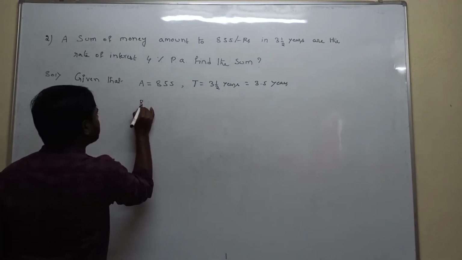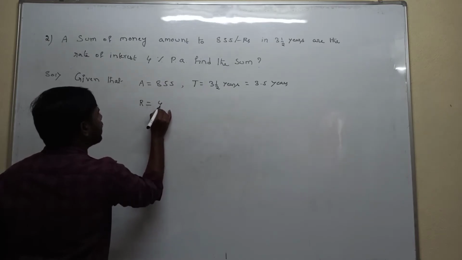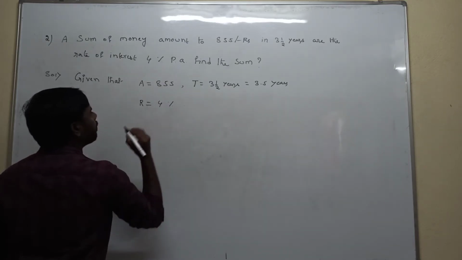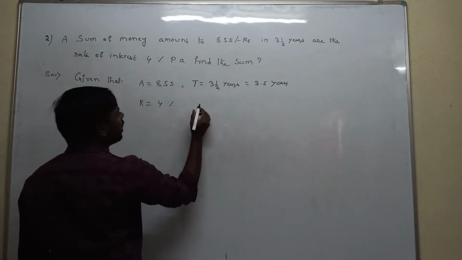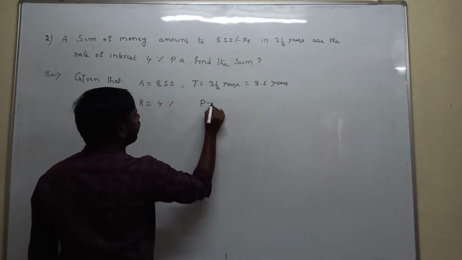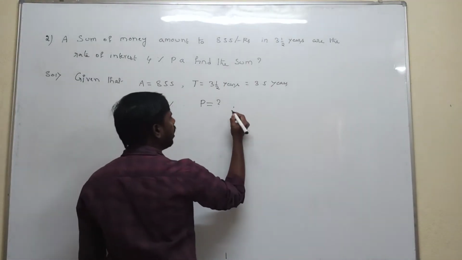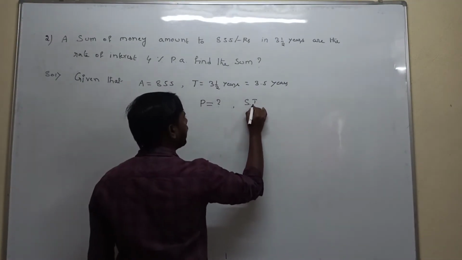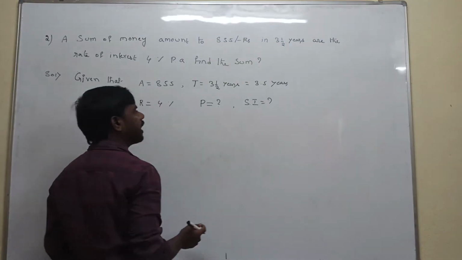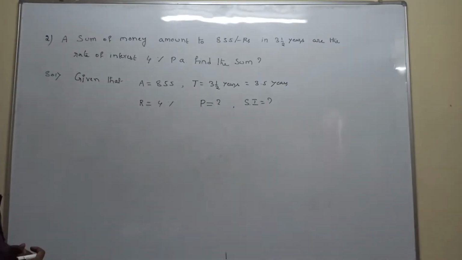Rate of interest given is 4% per annum. But the required value is principal. So we need to calculate principal and also simple interest.